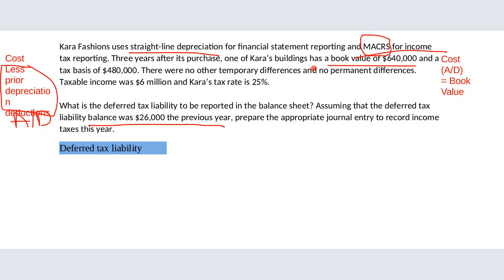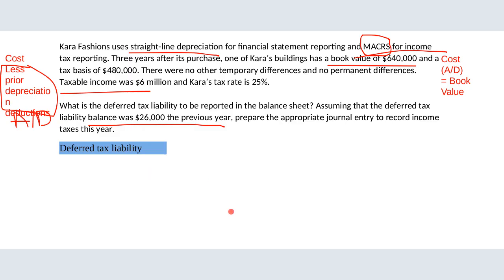So we weren't given our pre-tax accounting income, but we were given our taxable income. We could actually calculate it, but I want to kind of cover what are we talking about here? Maybe that makes more sense. And I kind of made some numbers up.